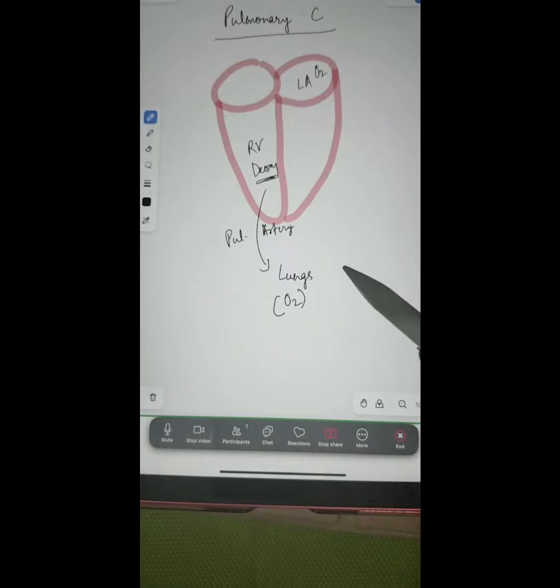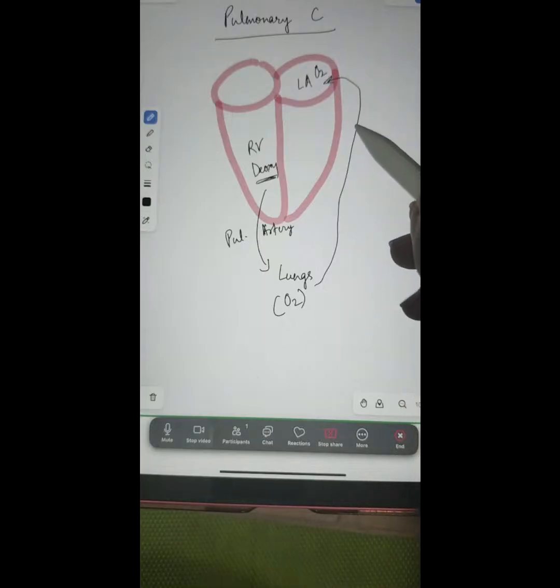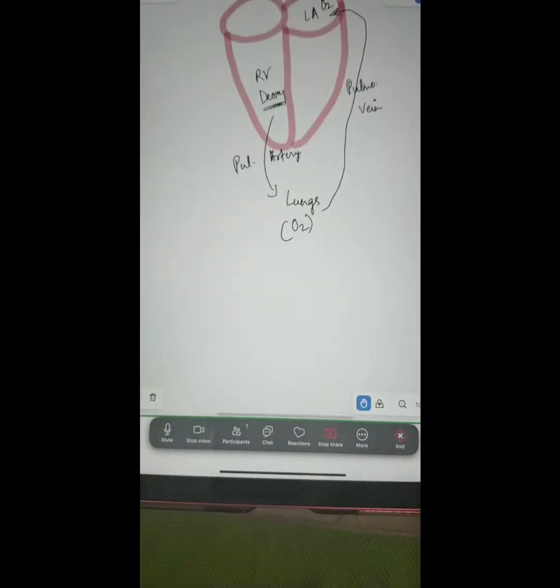As the blood gets oxygenated, this blood will be drained into the left auricle with the help of pulmonary vein. Remember, pulmonary artery and pulmonary veins are the exceptional vessels. Pulmonary artery will always be carrying deoxygenated blood and pulmonary vein will always be carrying oxygenated blood.